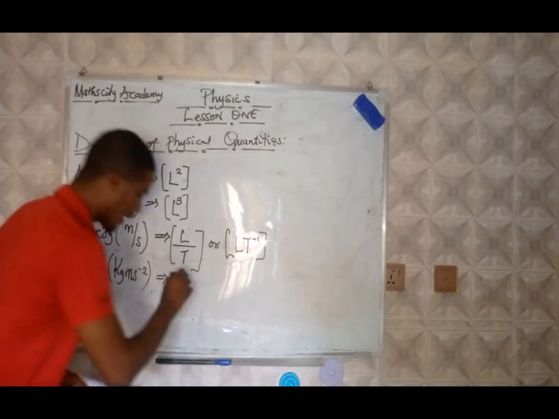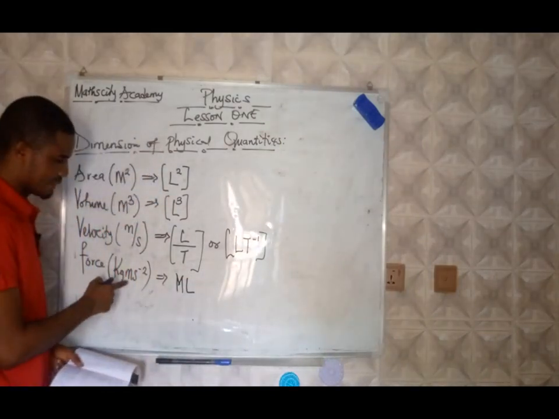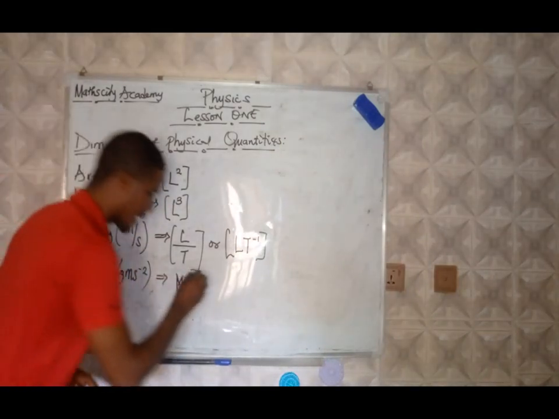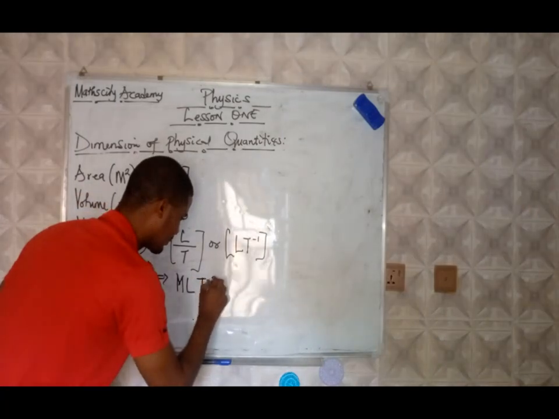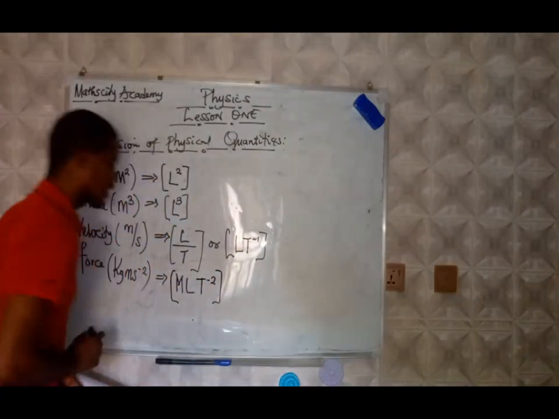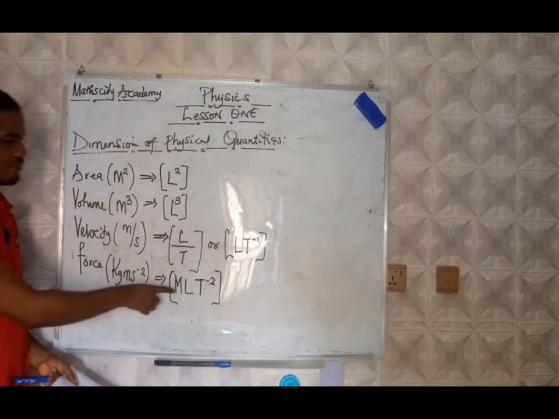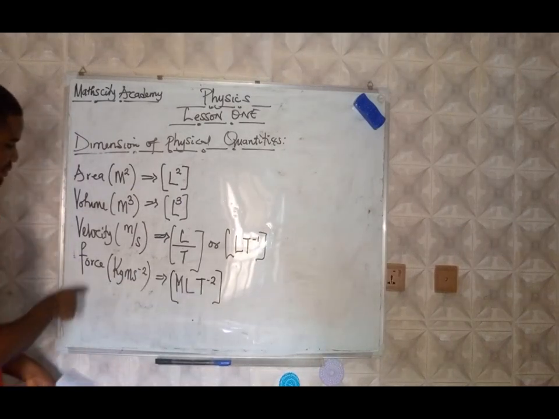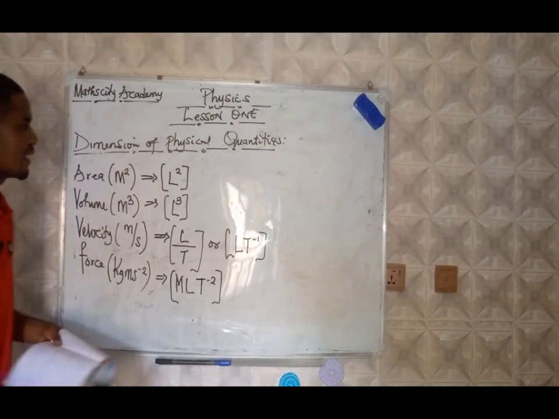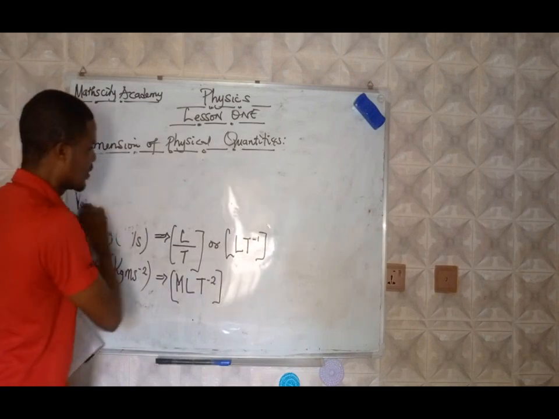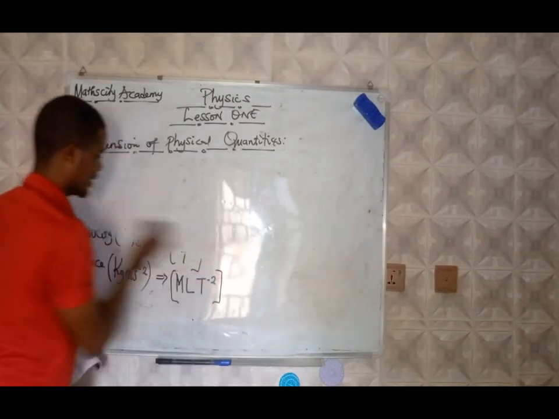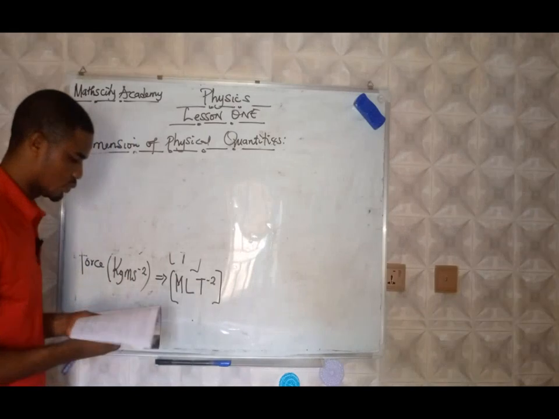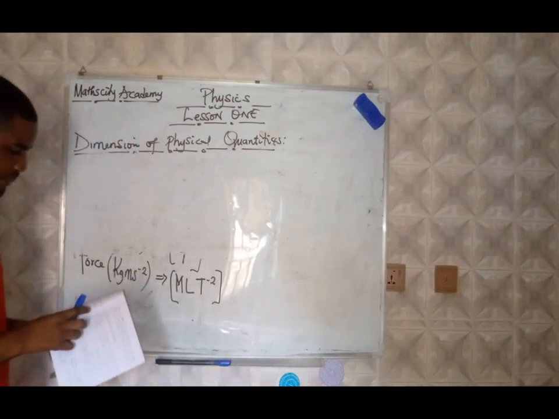Meter belongs to L, which is length. Seconds belongs to time. And this becomes dimension for force. MLT minus 2 becomes dimension for force. I believe with these few examples, we can form dimension for any physical quantity which we wish to obtain.